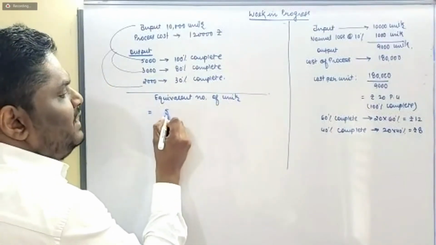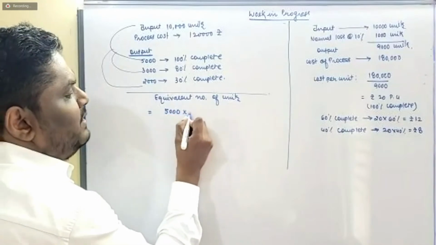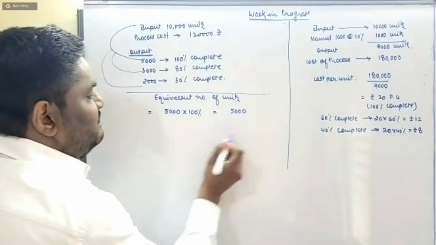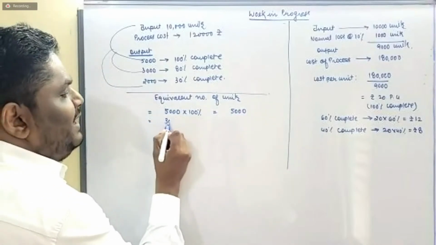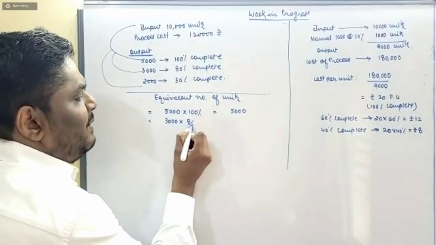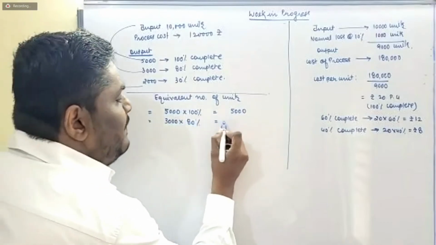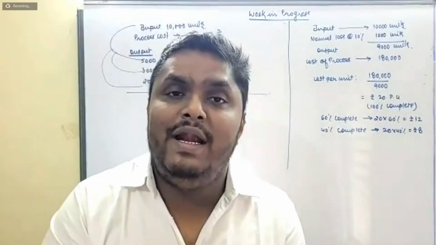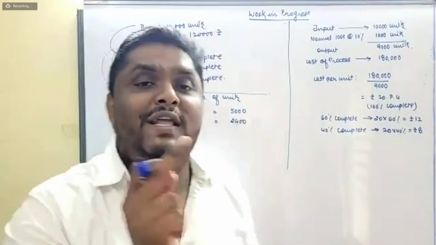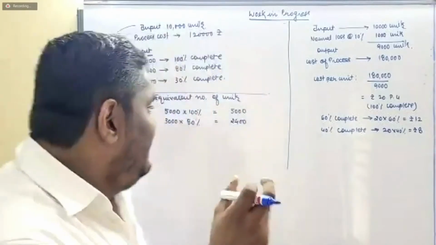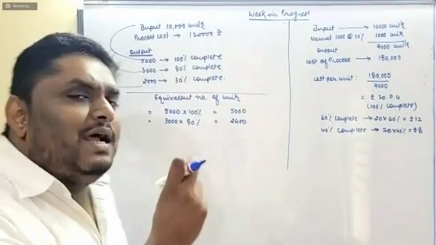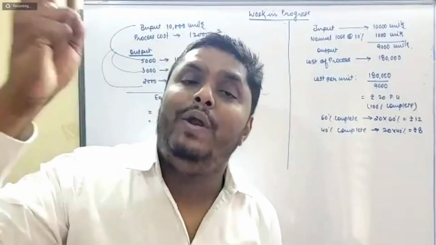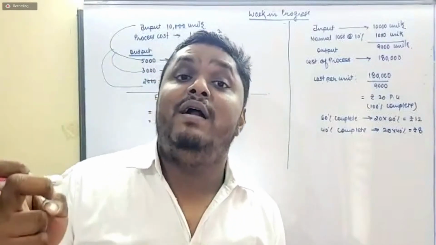So these 5,000 units are 100% complete. It means 5,000 into 100%, that is 5,000. These 3,000 units are 80% complete. It means the equivalent number of units will be 2,400 units. What it says is that the cost of 3,000 units, which are 80% complete, will be equal to the cost of 2,400 units that are 100% complete.